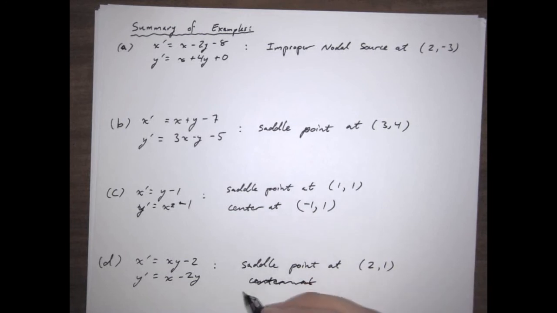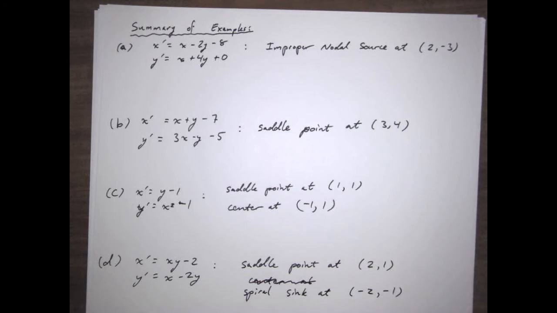Wrong thing I was reading. Spiral sink at negative 2, negative 1. So now let's confirm this all with Bluffton.